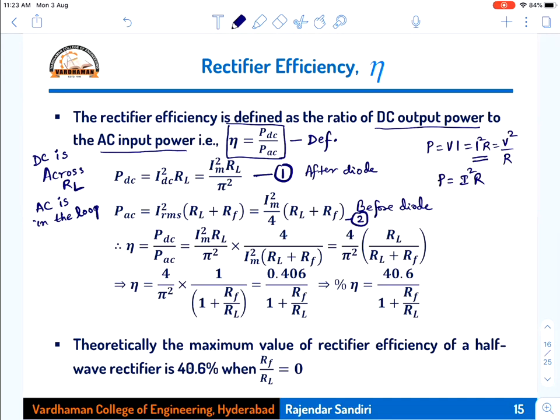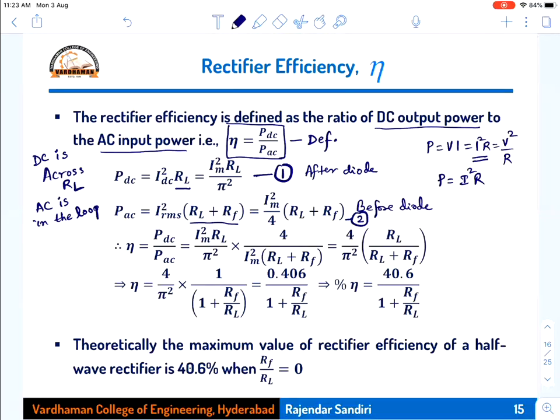I hope you understood why PDC is taken with RL, and why PAC is taken with RF plus RL. This is before the diode, where the diode resistance also will be acting as a load to the AC signal. Whereas PDC is taken across the load resistance only, after the diode. DC is after the diode. AC is before the diode. The diode itself is converting AC to DC. Therefore, where is the AC input side? Input side means before the diode.